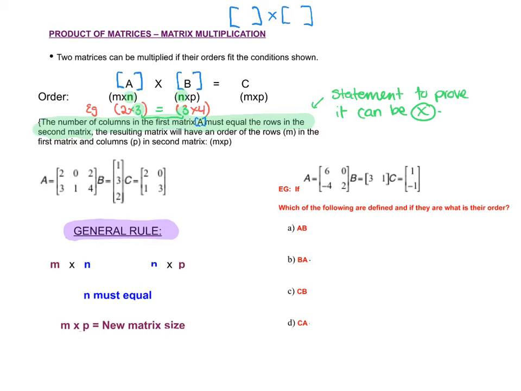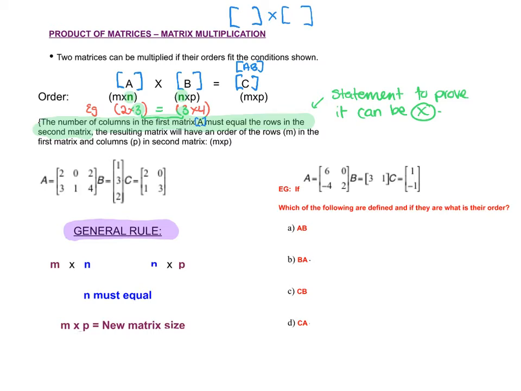Then you get the answer of that matrix. Sometimes they call it matrix C, sometimes they might say it's AB. You've multiplied the two together and created this new matrix. Can you see what your answer is going to be?